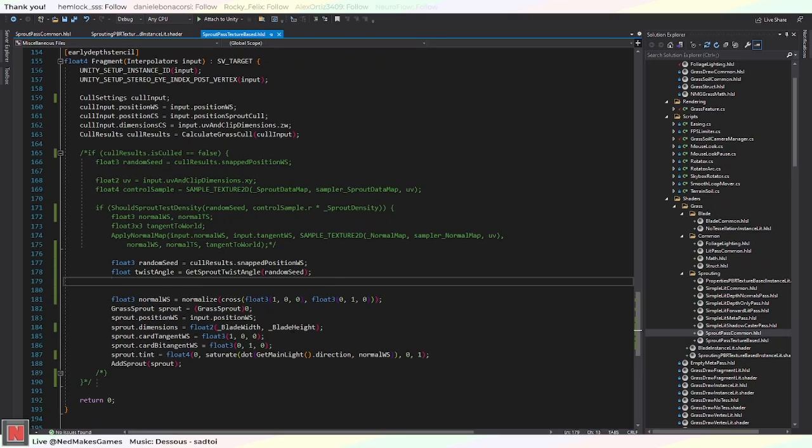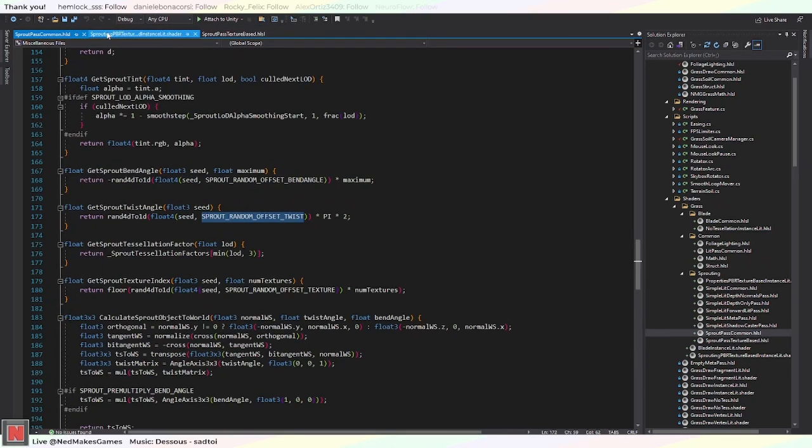Okay, and then we can get a matrix to rotate it. I really want to rotate this around the terrain's normal vector, but I'll just rotate around the y-axis for now.